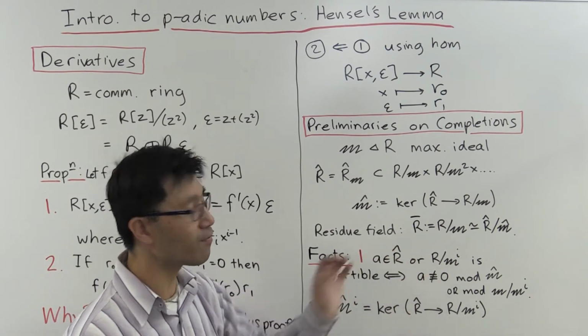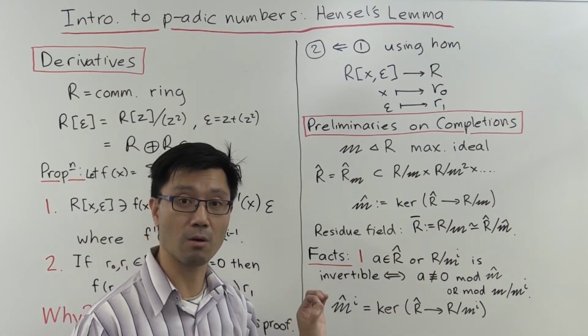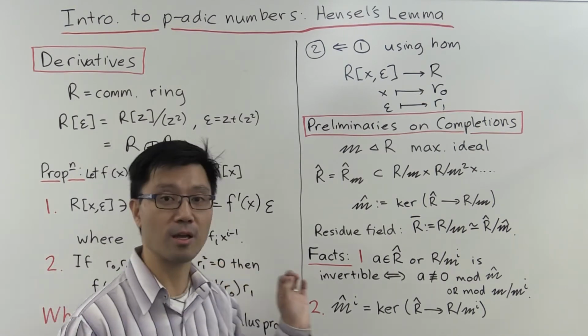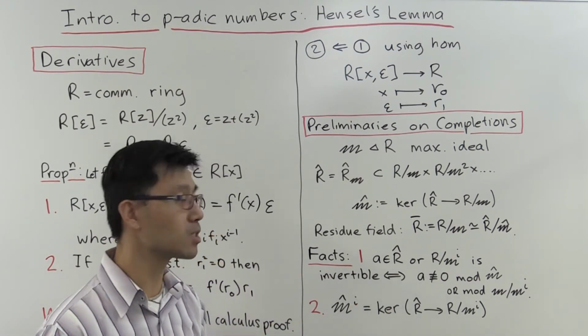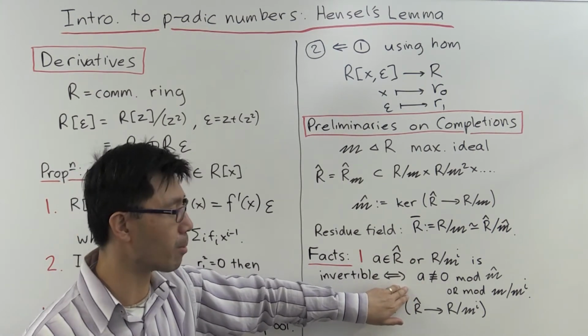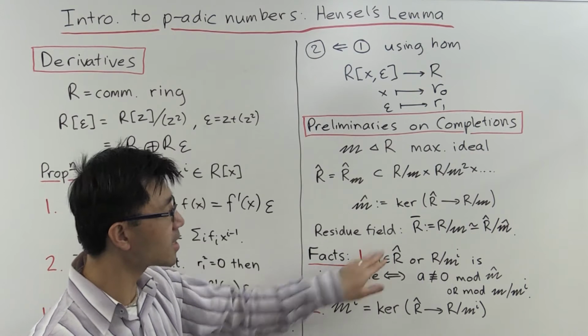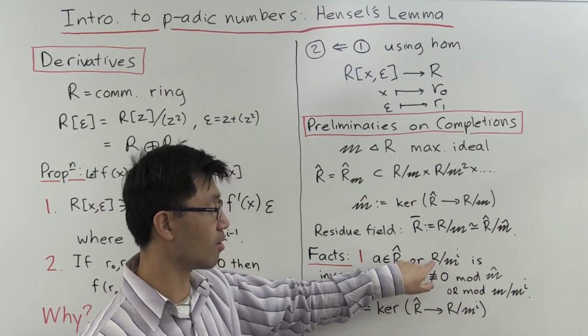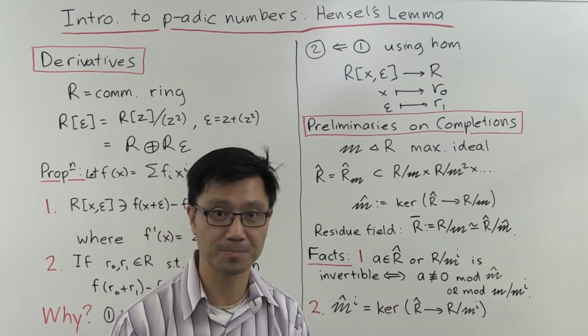Well, it corresponds to the fact that the constant term is not zero. And when you have the constant term not zero, it's easy to invert such a power series. So that's roughly the reason why it's true, and you can turn that actually into a proper proof. So that's the case for the power series, and actually the same sort of idea proves it in this case here, where you have R mod M to the I.